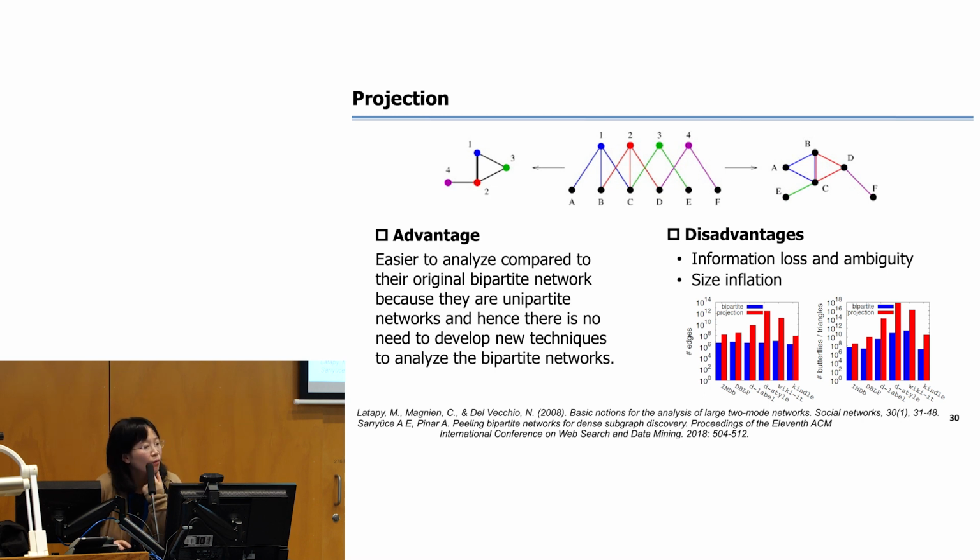So in the projection, we add one edge to connect 1 and 2. Similarly, 1 and 3 are connected. But 1 and 4 cannot be connected through one vertex in the opposite layer, so there is no edge connecting them. Using this philosophy, we can convert this bipartite graph to a unipartite graph. Because there are two types of vertices in a bipartite graph, we can have two different unipartite graphs, one for the upper layer and the other for the lower layer.